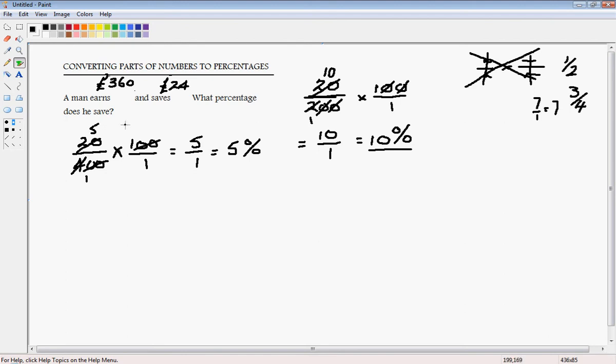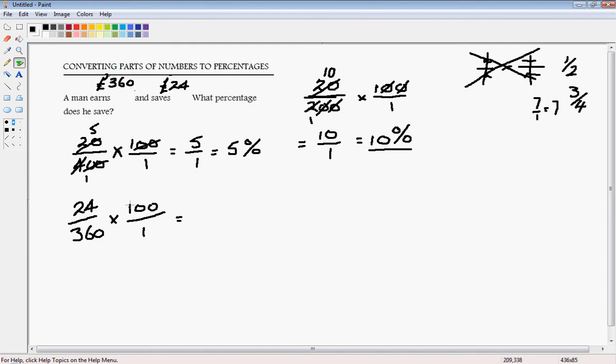So what percentage does he save? Now he saves 24 of the £360, and because we want to know a percentage, it's multiplied by 100 over 1.